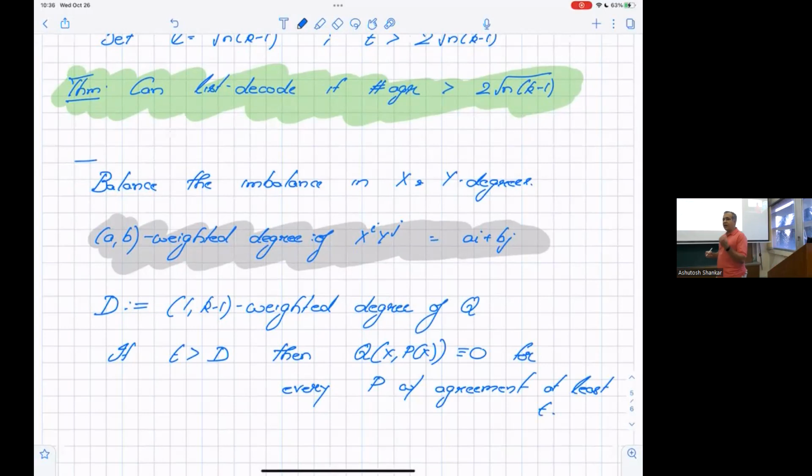So instead of asking that the x degree be L and the y degree be n by L, we will ask for the (1, k minus 1) weighted degree.